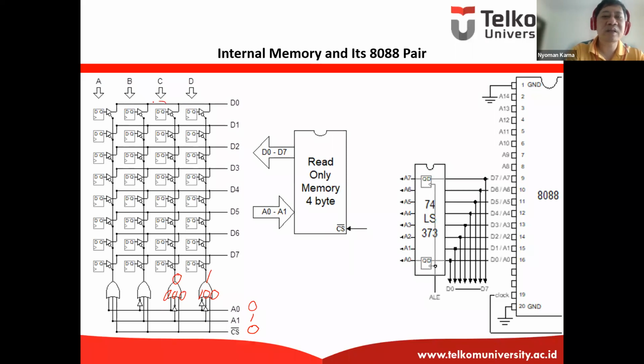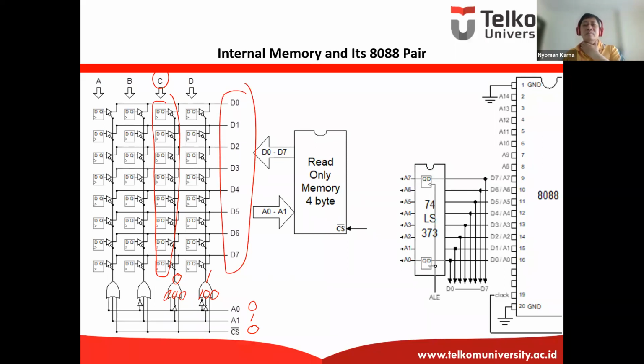So everything stored inside the C column of the D flip-flop will be sent directly to the data bus. And for that combination, this one will become 1, 1, 0, not active, 0, 1, 0, not active. So in one combination, only one column of D flip-flop will be active.